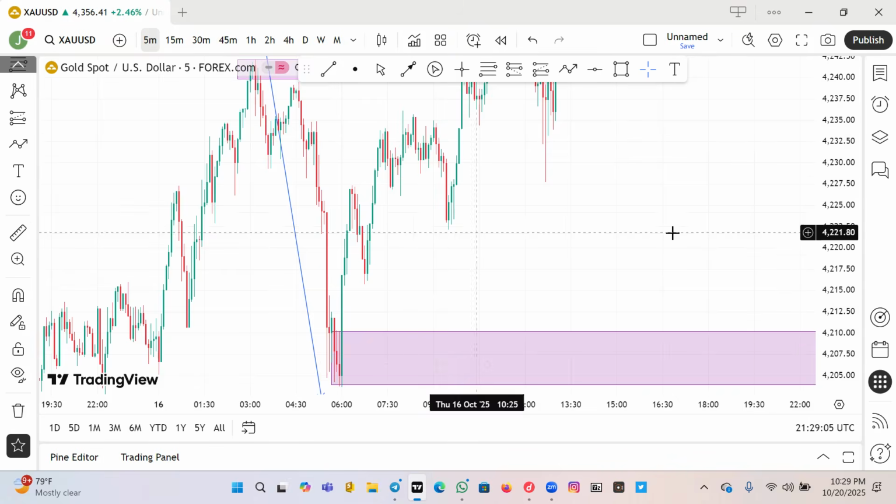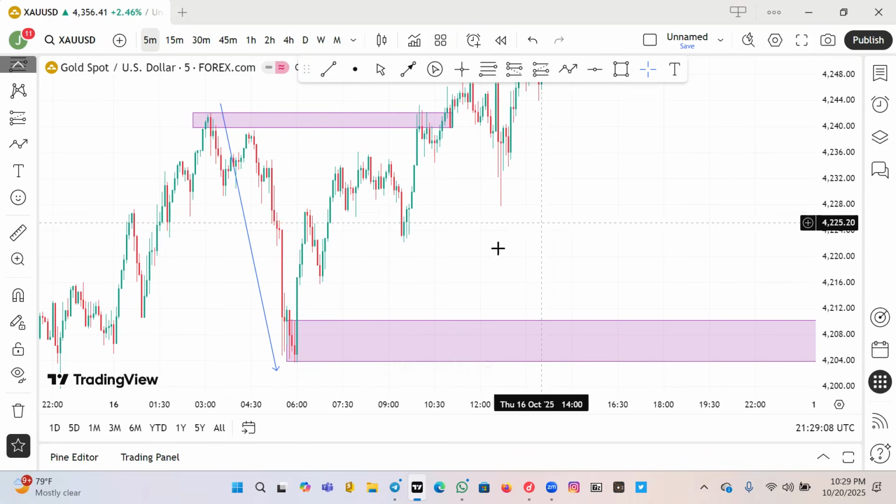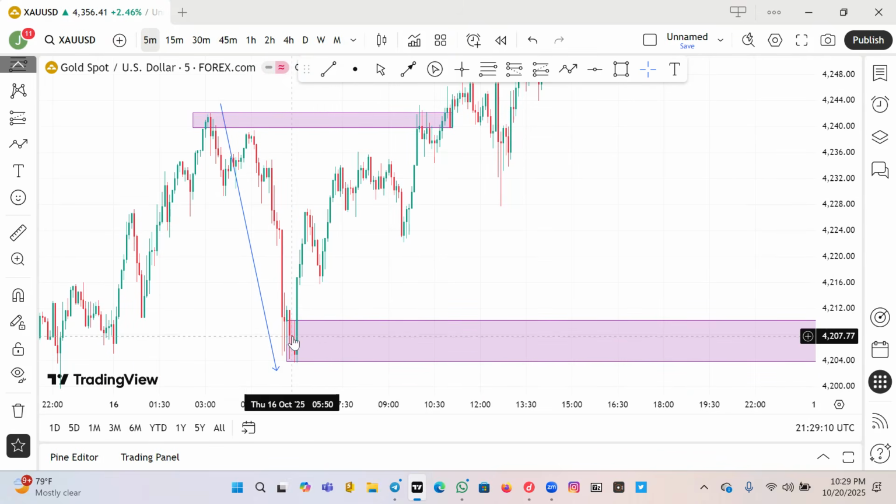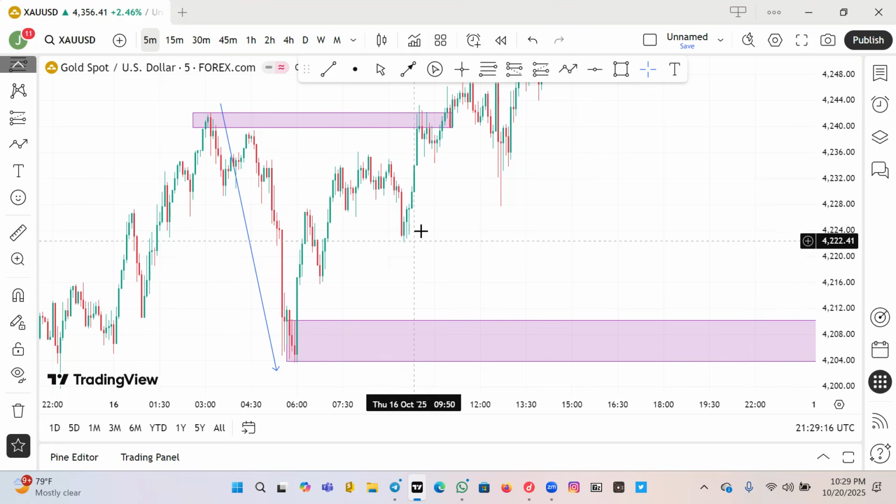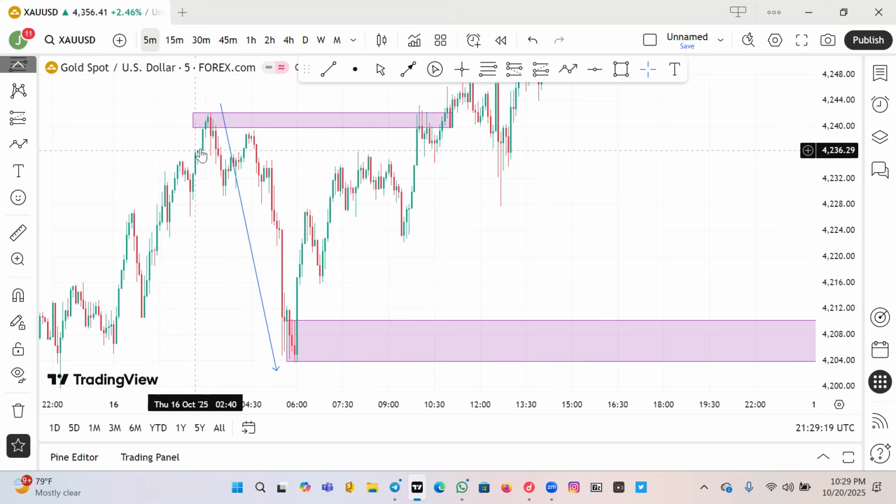Do you notice that in this uptrend, after the market formed this long green candle, no candle wick entered inside before finally pushing to the upside? But in this case, it is the opposite. After forming this green candle, which is your order block, it then formed a red candle to the downside. Then a green candle wick entered inside the box before selling. That means this is a mitigated order block.